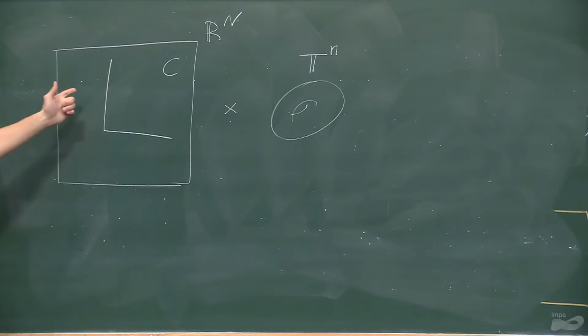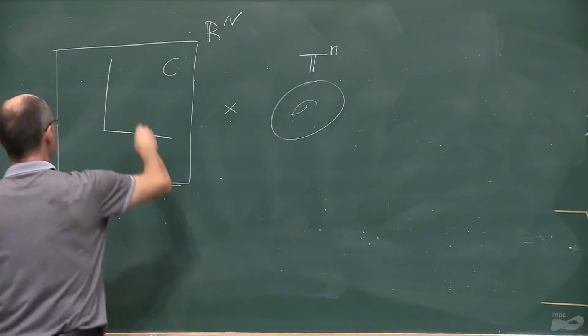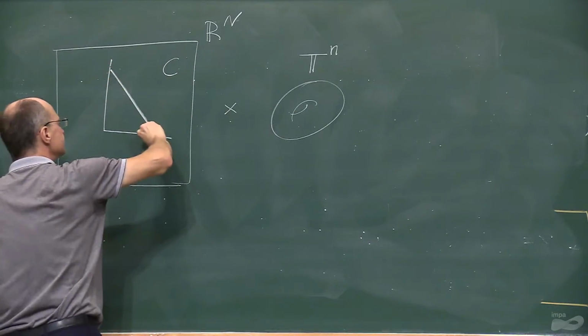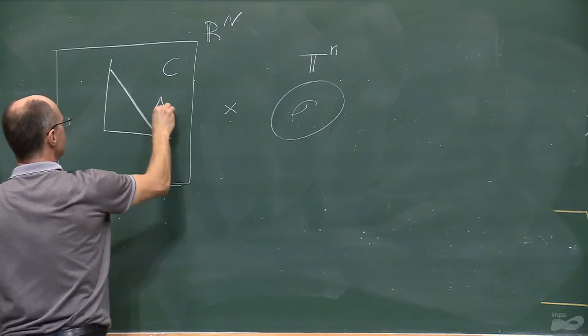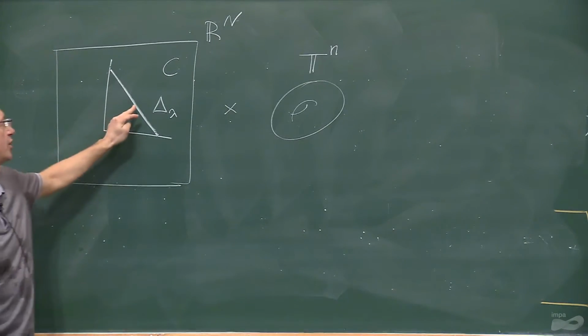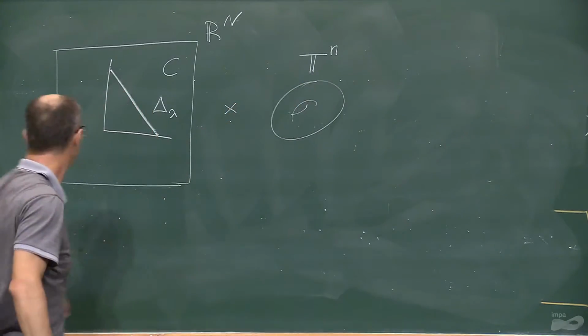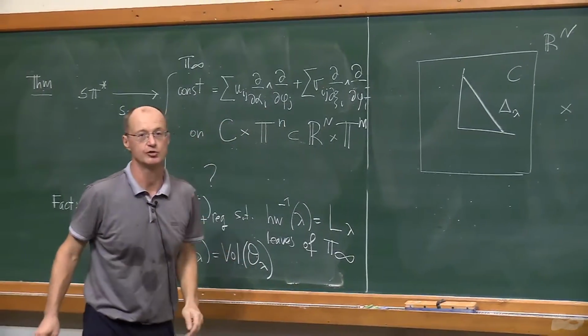So that's what's going on. Now, suppose that this is this preimage. Let's call it delta lambda. The symplectic leaf L lambda is a product, delta lambda times T^n. And its volume is equal to the volume of the coadjoint orbit.